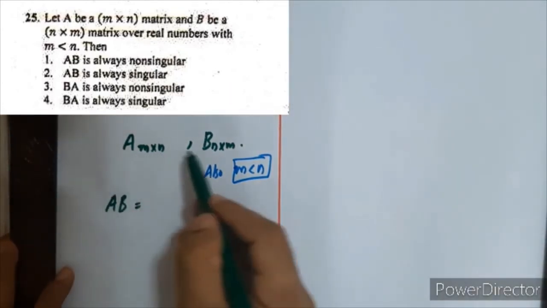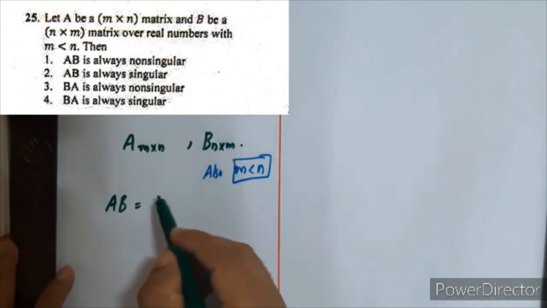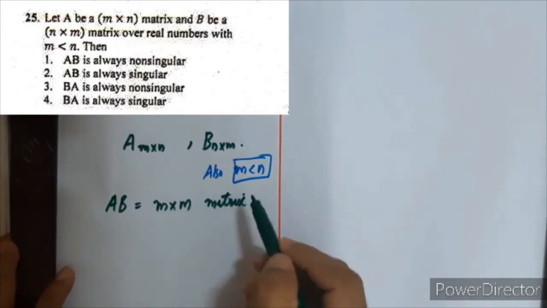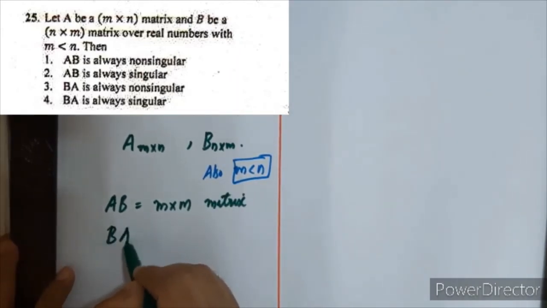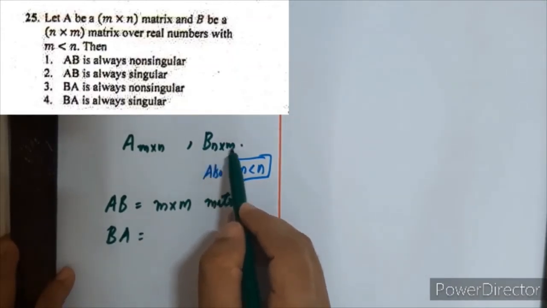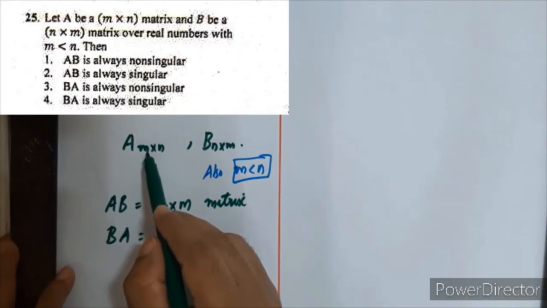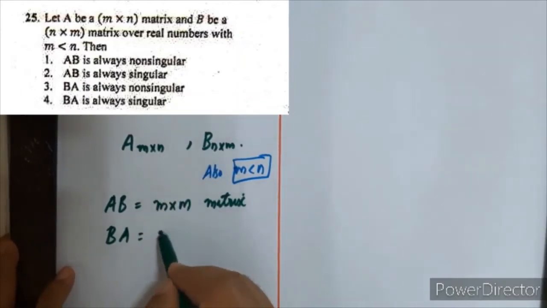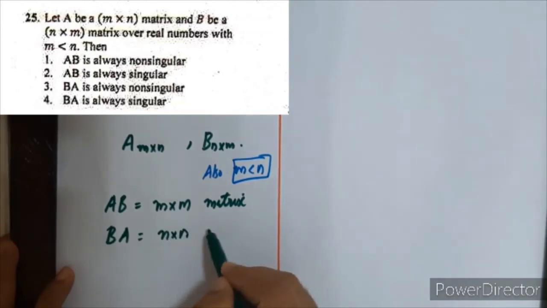A is an m by n matrix, B is an n by m matrix, then AB is an m by m matrix. And what about BA? B is an n by m matrix and A is an m by n matrix, then BA is an n by n matrix.